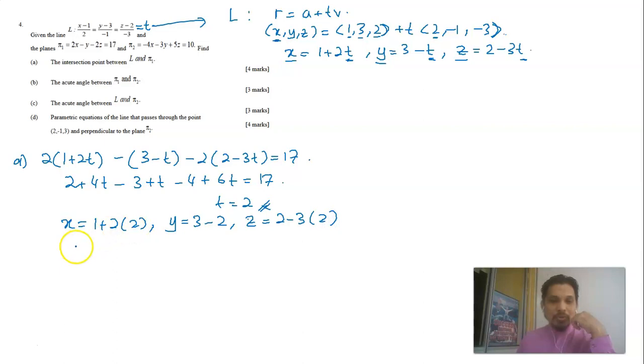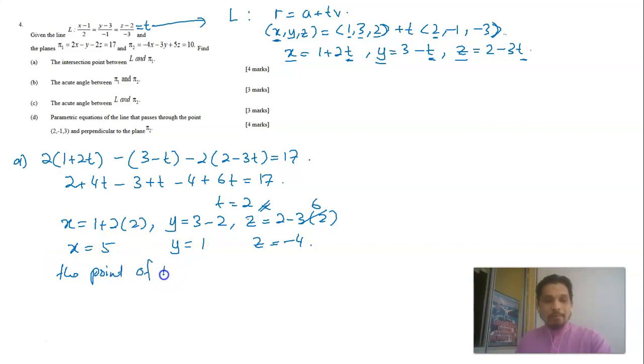So 2 times 2 equal to 4, plus 1 equal to 5. 3 minus 2 equal to 1. 3 times 2 equal to 6, 2 minus 6 equal to negative 4. So the point of intersection between L and pi 1 is (5, 1, negative 4).